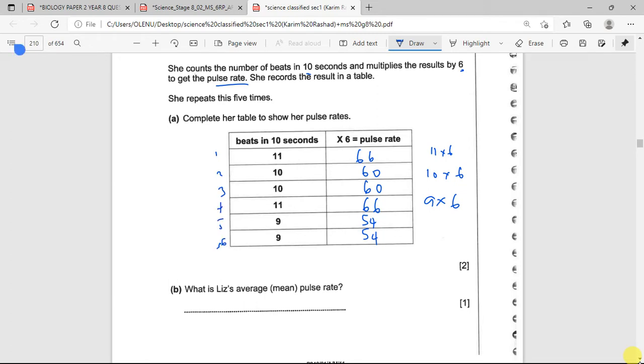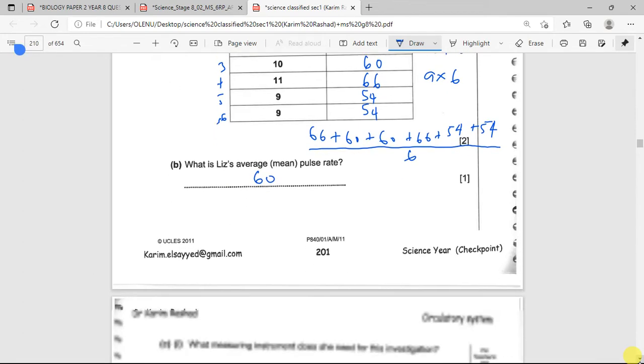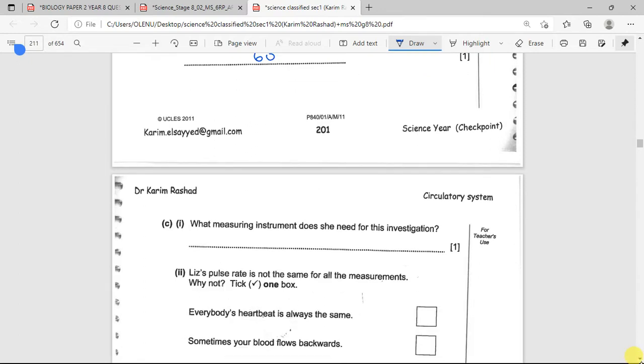So it will be 66 plus 60 plus 60 plus 66 plus 54 plus 54 all together divided by 6. And if you do that correctly, your answer will be 60. Next, what measuring instrument does she need for this investigation? She needs a stopwatch to measure the time.